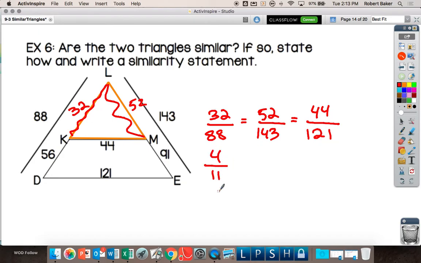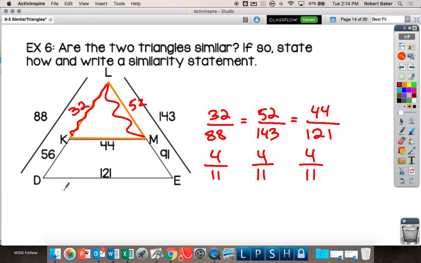Now I'm going to do 52 divided by 143. 4/11. What am I praying the last one's going to be? 4/11. 44 divided by 121. 4/11. Are those two triangles similar?